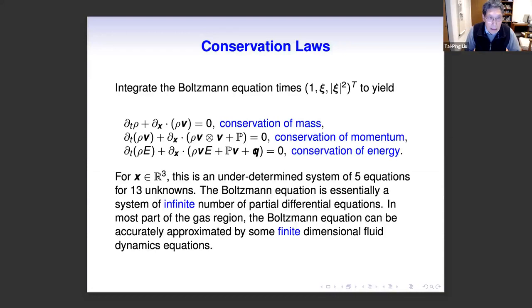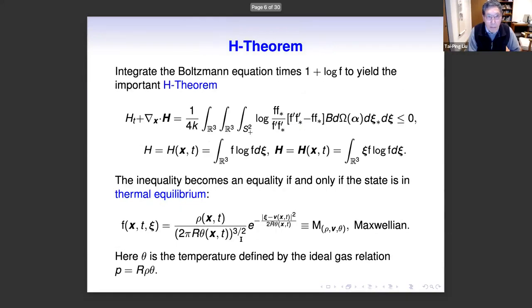Now, an important thing in the study of the Boltzmann equation is to find out when the Boltzmann equation can be accurately approximated by some finite number of fluid dynamic equations. And this is made possible by the H theorem.